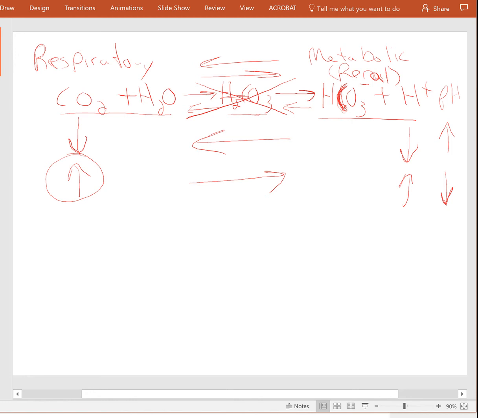What the metabolic or renal system can do is increase bicarbonate. So if we add, it goes away. Okay, that is going to then lower the hydrogen ions. Because remember, the direction of shift arrow is not pointing towards it, so that decreases. Thus increasing the pH to a more normal region.